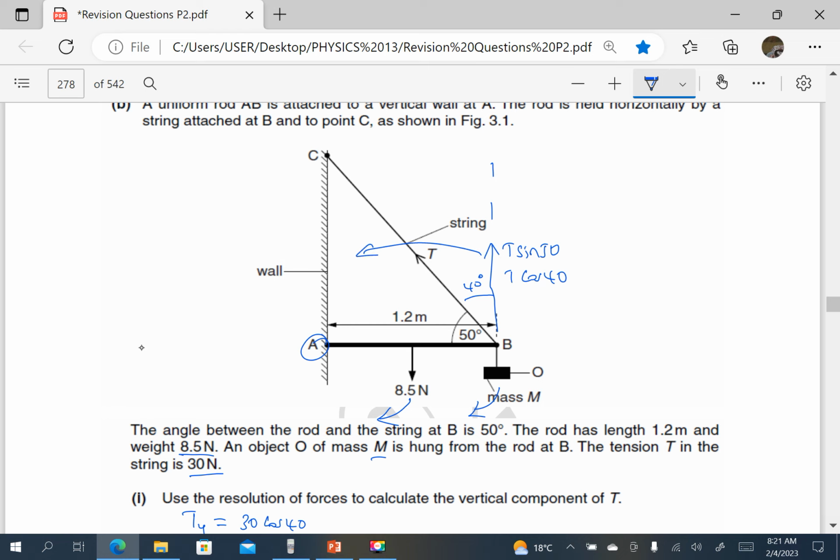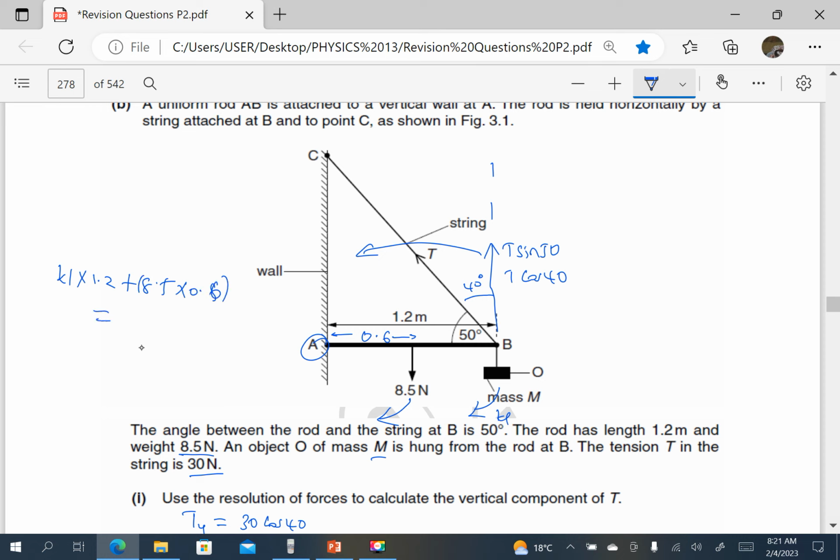So if I take the force here to be W, the weight W times the perpendicular distance, which is 1.2, plus 8.5. Remember, 8.5 was the weight of the beam. That means it is at the midpoint, at 0.6. So this distance is 0.6 from A. So 8.5 times 0.6, those are the clockwise moments.